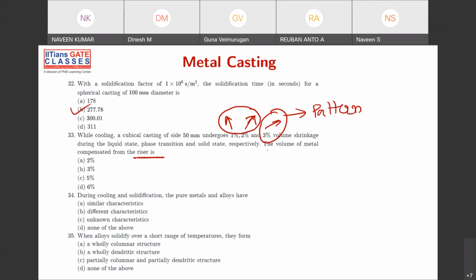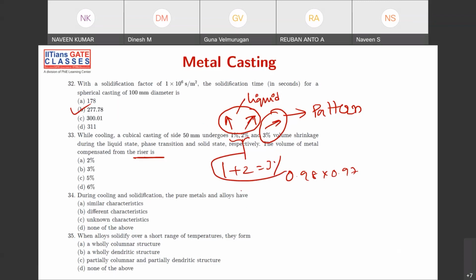see, Praveen, you can't do that 0.98 into 0.97. Why? Because these two are in still liquid stages. In liquid there is no this kind of thing, so you can't do that. Obviously, you can add these two. It is nothing but 1 plus 2, that is 3.